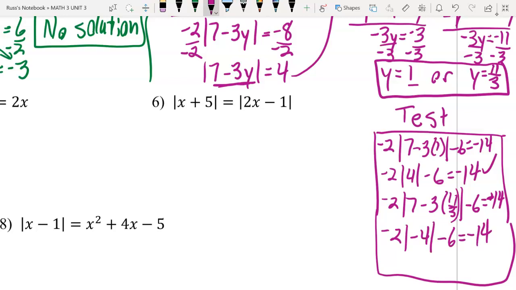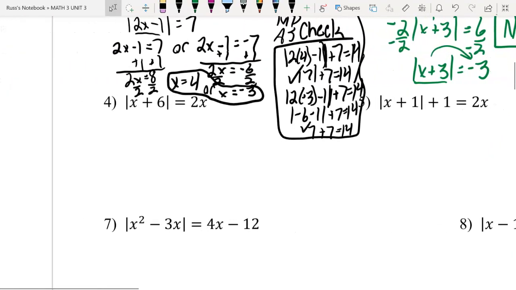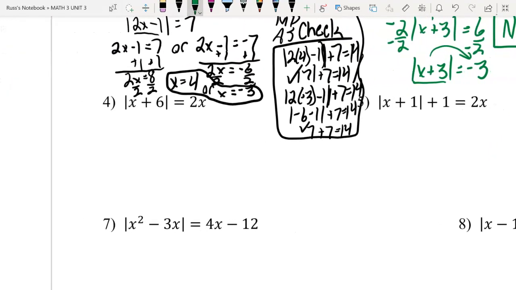But the absolute value of negative 4 is 4. So negative 2 times 4, minus 6 would be negative 14. So both of them work. So there are no extraneous solutions. Extraneous solutions mean solutions that look like they work but don't. Okay?